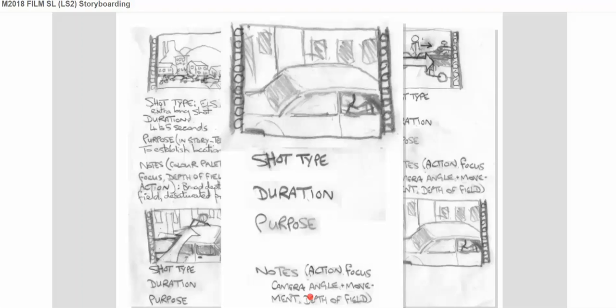Now, the interesting thing about this is the action remains the same, but the shot selection and the shot type are different, so that the meanings of each shot will be different. So what I would like you to do is reflect on how that impacts the audience interpretation of what will follow.